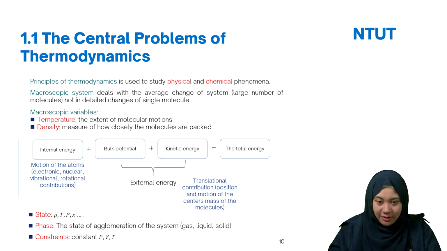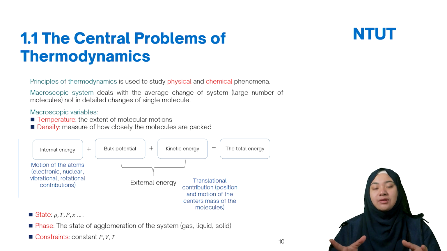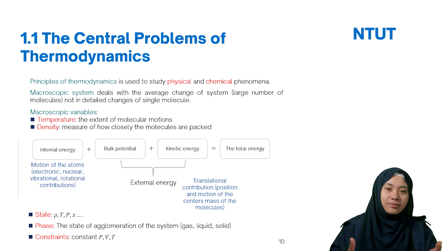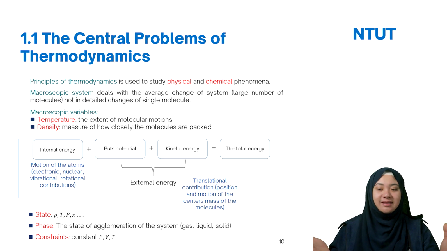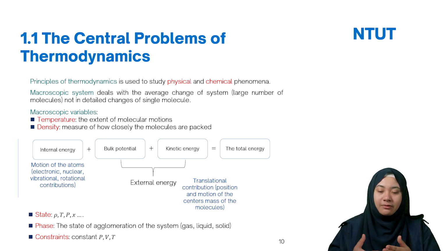And the macroscopic system is normally about the average change in the system, so it's mostly a large number. It doesn't go to the micro, like we discussed before about microstates. But macro means it's overall, a large system. For macroscopic properties, for example, we have temperature and density.